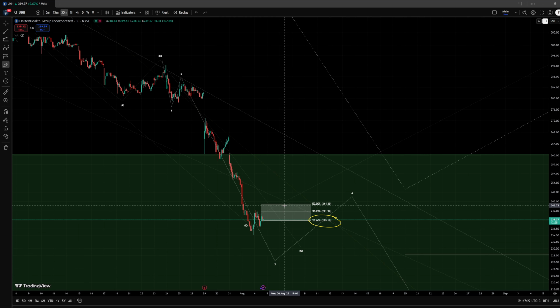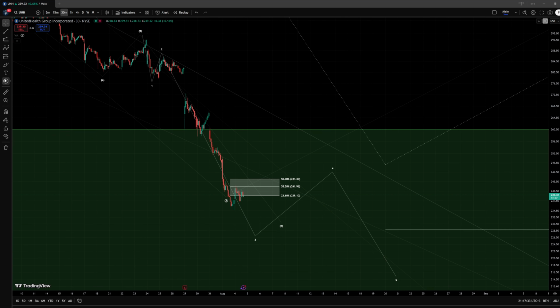So until we actually break these levels, I would be looking still for lower. And we did even reach the 38.2% retracement here, but yeah, we didn't yet form the new low.